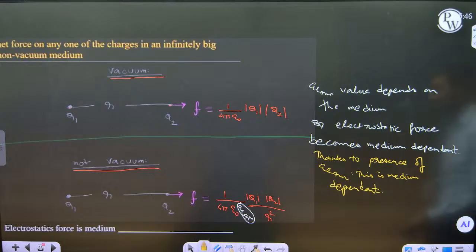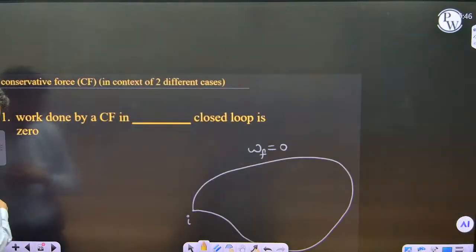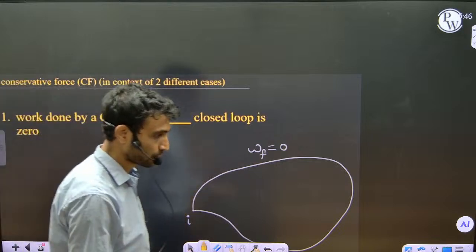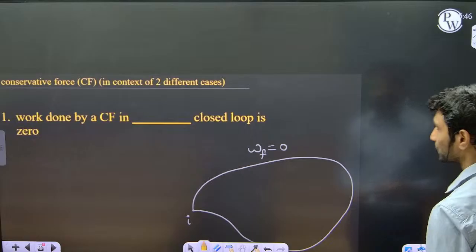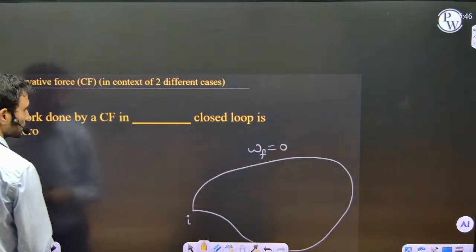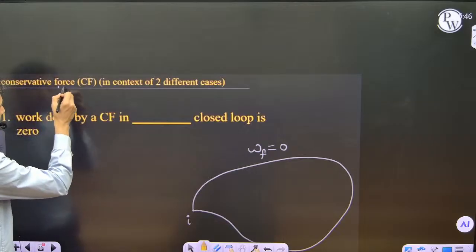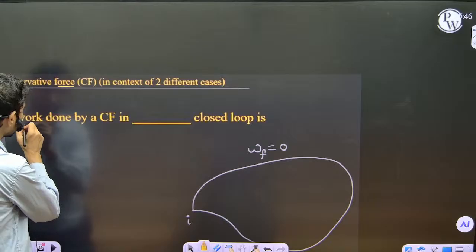Right, so let's go ahead and see what are conservative forces. So what are conservative forces?